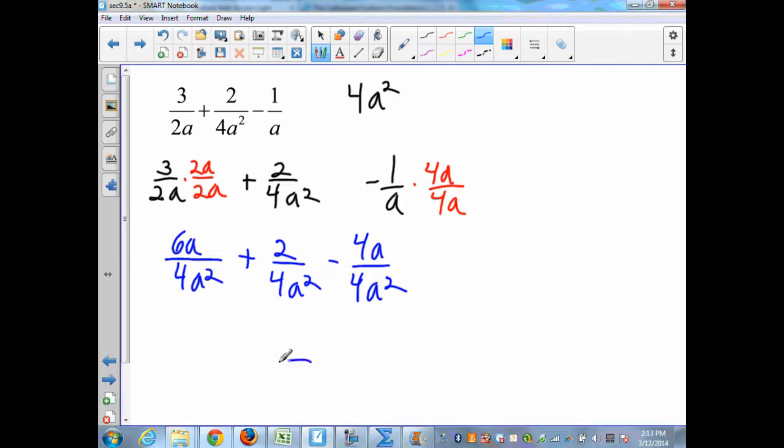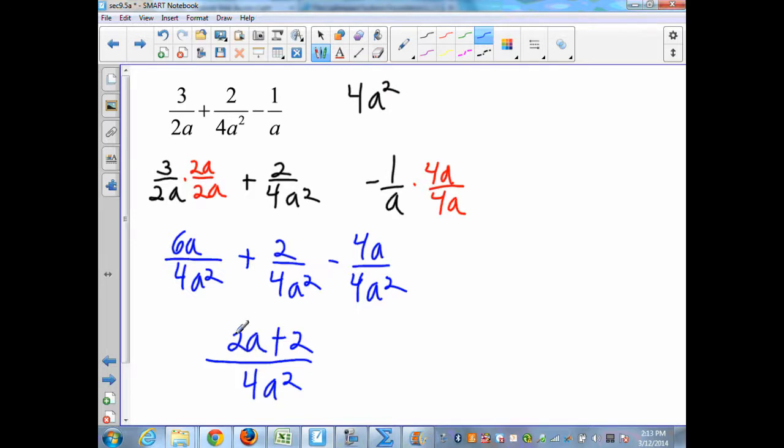Now I can rewrite that all over 4a squared because I have a common denominator, and I simplify the numerator by combining like terms. 6a minus 4a is 2a plus 2. And as I stated, I need to see if I can simplify.